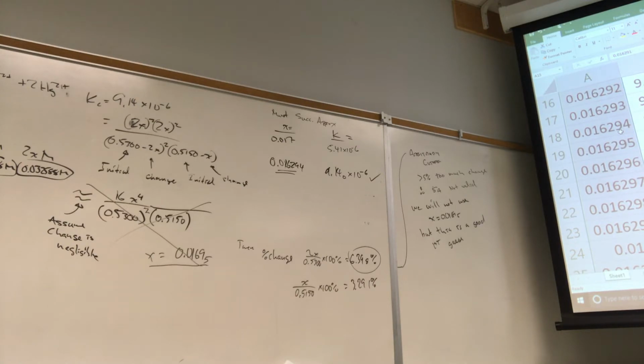Well, it would be 0.016294 divided by 0.515 times 100, which gives me 3.163% of the mercury 1 reacted. Okay, and that's just based on the change, you know, how much of our initial was consumed here. So that's what we see.